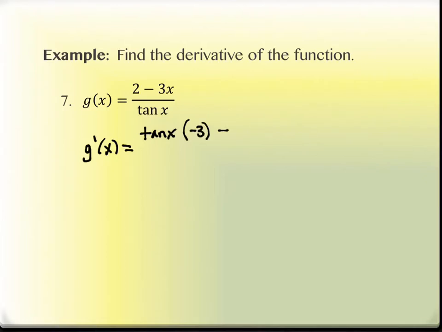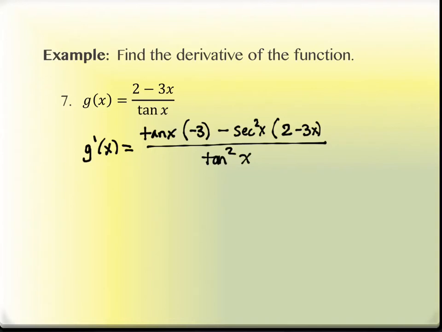And then I have a subtraction sign because the quotient rule has subtraction between the two terms on top. Now I need the derivative of the denominator. So what is the derivative of tangent of x? Secant squared of x. And then I need the original of the top part, which is 2 minus 3x. And all of this gets put over tangent squared of x.